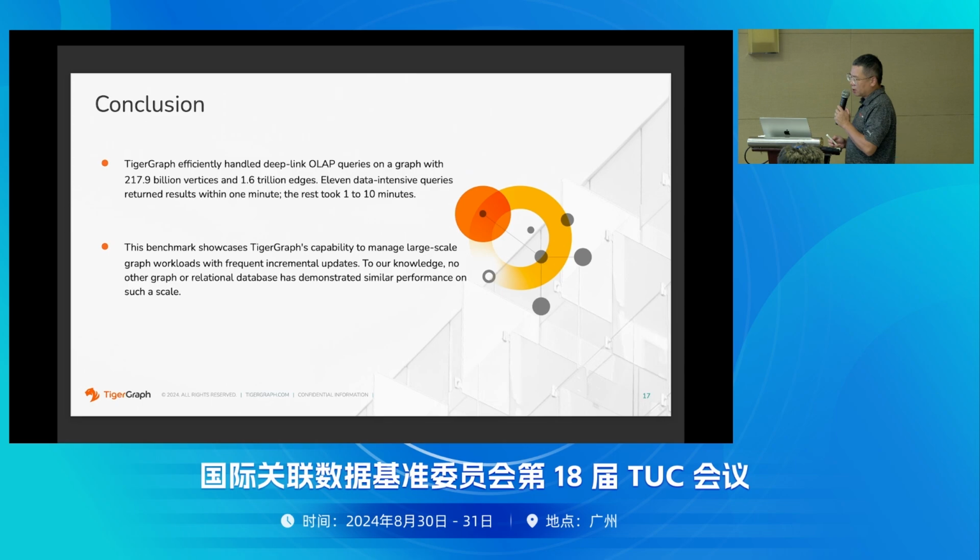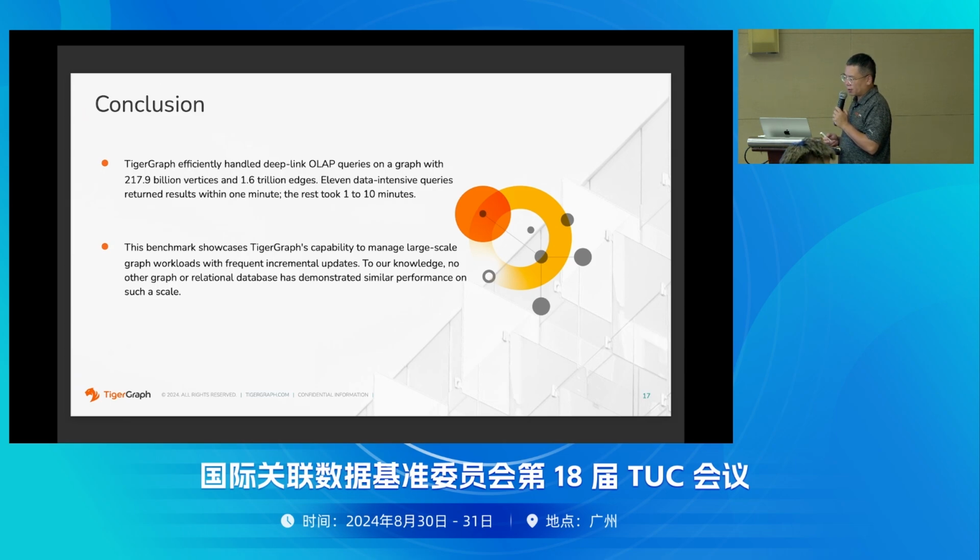So in conclusion, TigerGraph can handle the complex LDBC BI OLAP queries at a scale of 1.6 trillion edges and raw size 108 terabytes on 72 machines.